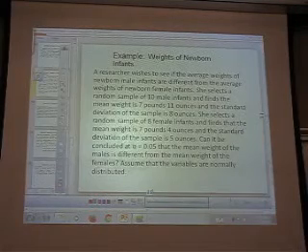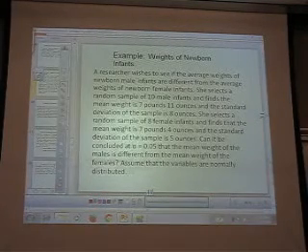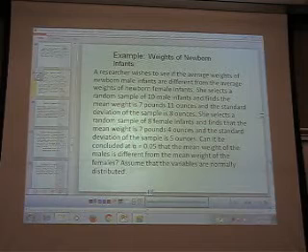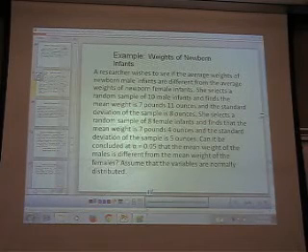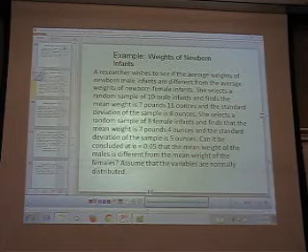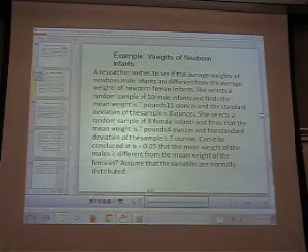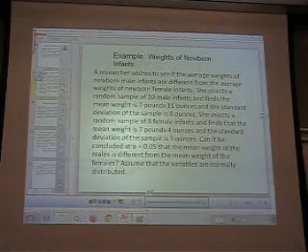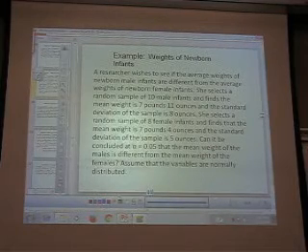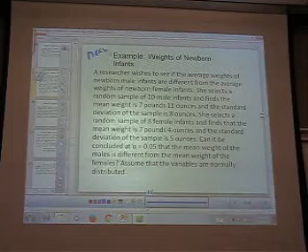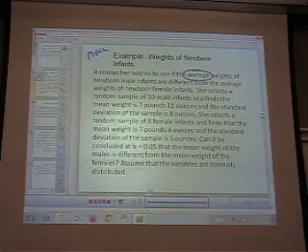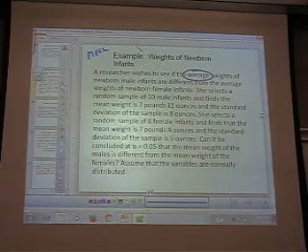So, 20 seconds on your own. Okay, mean or proportion? Mean. How do you know? It's average. Mean or average, okay, great. So that's going to be a T or Z?